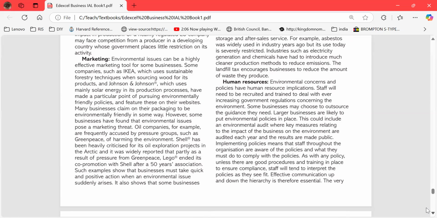This is a good thing because the companies who are going through environmentally friendly production methods and practices are a good example in the society and in the world. And those who are not complying with it get pressurized by pressure groups like Greenpeace. It's mentioned over here. Okay.